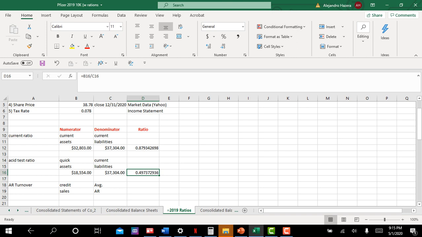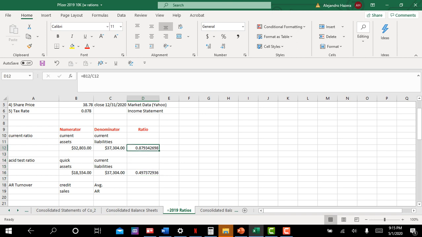Now, notice what we did is we took out stuff like inventory, which may not be too liquid, and there are various reasons for leaving out inventory. We also took out prepaid expenses and other assets, using only the company's most liquid assets. Then the ratio says you only have 50 cents per quick asset to pay off every dollar in current liabilities.